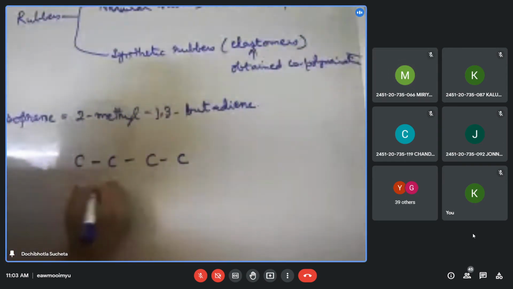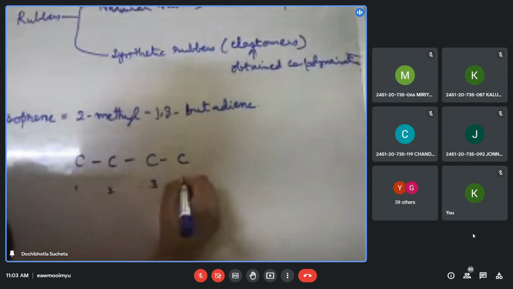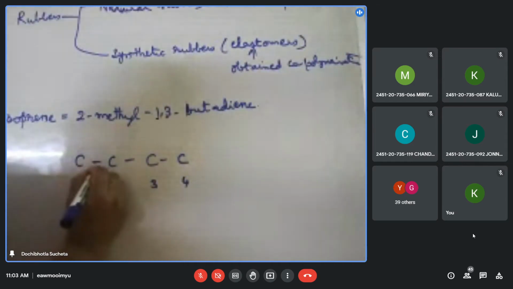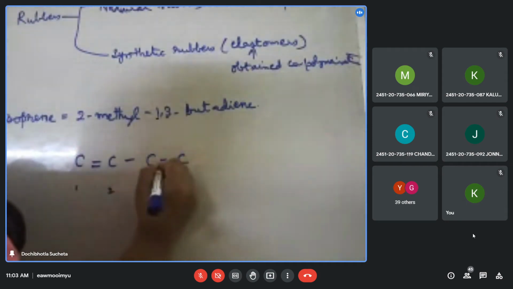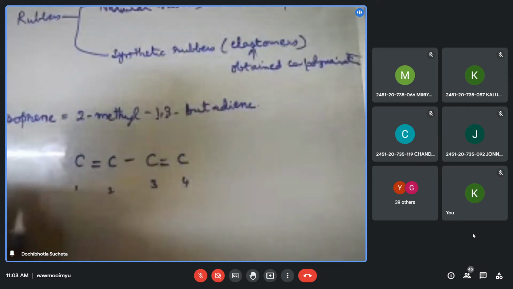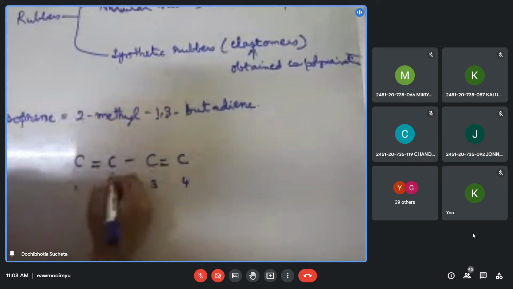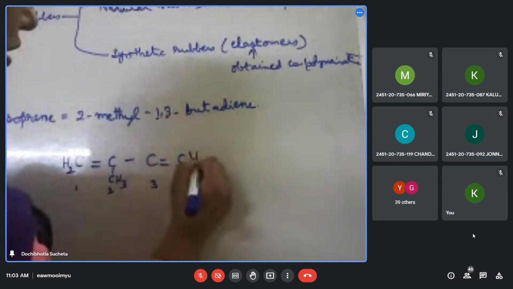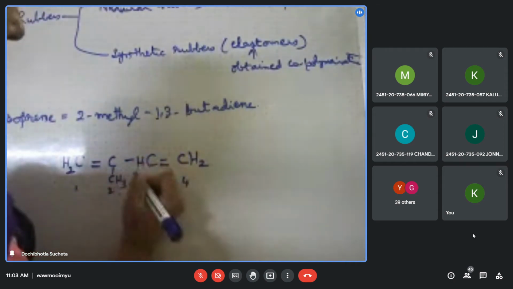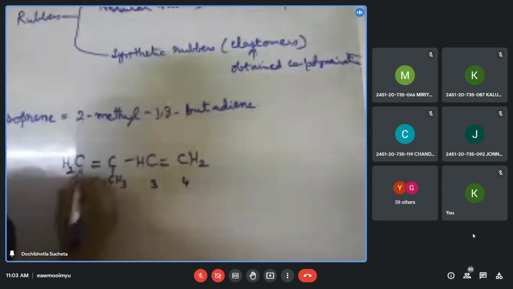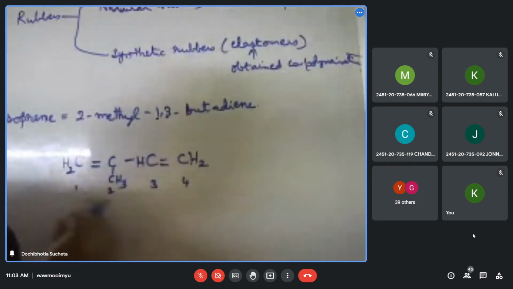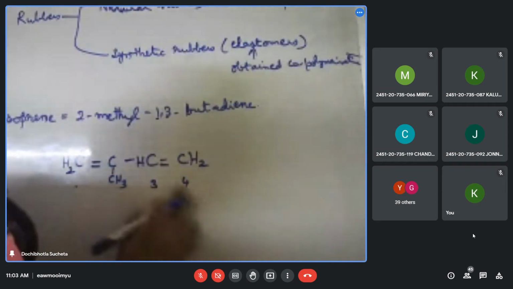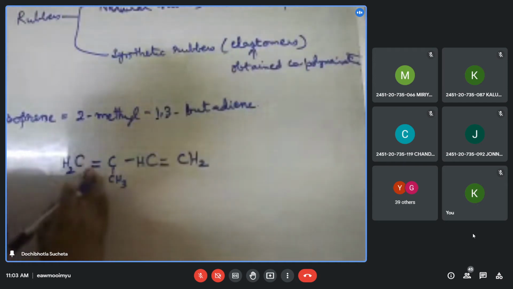So I'll take this as 1, 2, 3, 4. Between first and second carbon, one double bond, and between third and fourth carbon is another double bond. And on the second carbon, I have methyl group, so CH3. Now rest all I would satisfy with hydrogens. Please check whether I am writing it correct or not. So that's the structure of 2-methyl 1,3-butadiene.